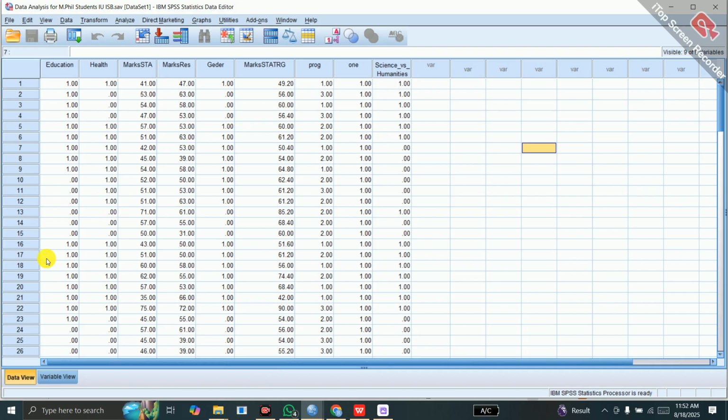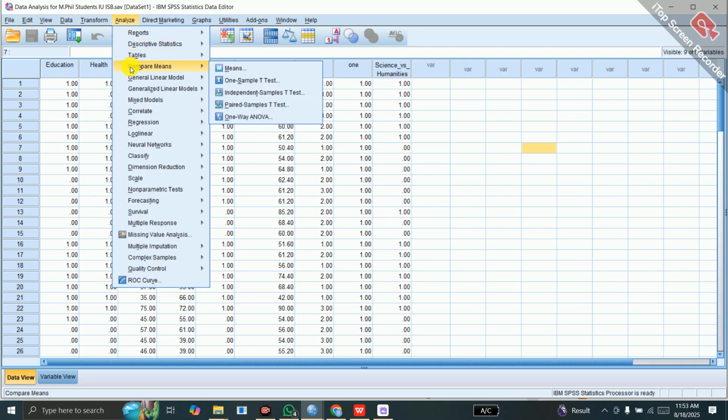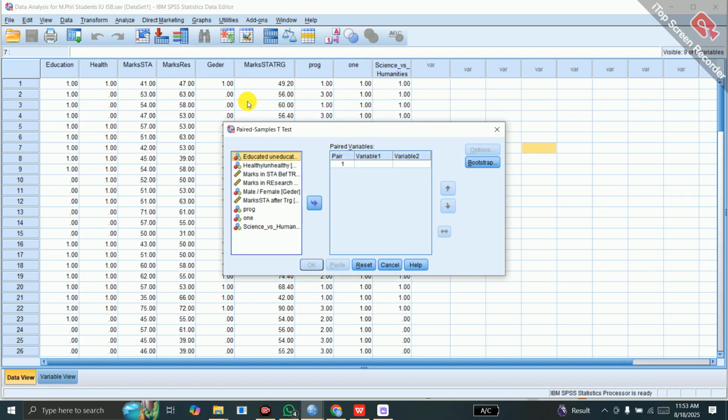To do this, let me navigate to Analyze and click on Compare Means, but this time I'm using the paired sample t-test. When this window pops up, I'll send a pair of these variables. This time I am comparing the average marks of the same students before training and after training in statistical analysis and interpretation.